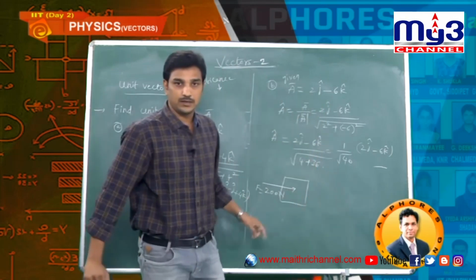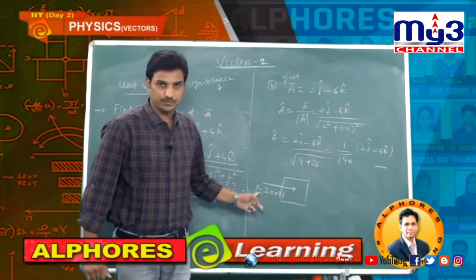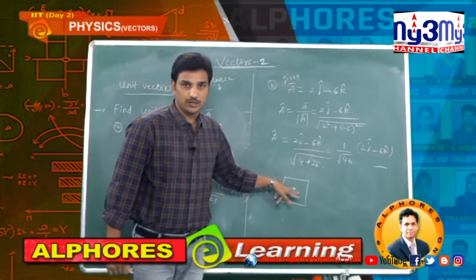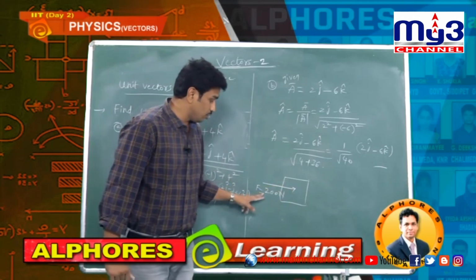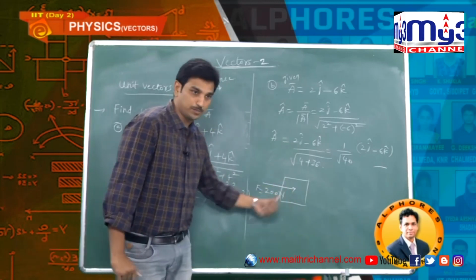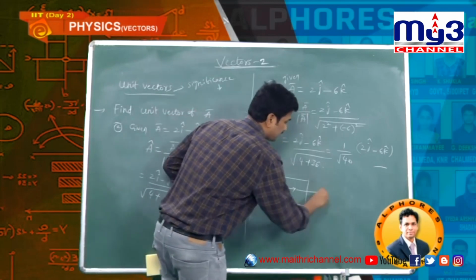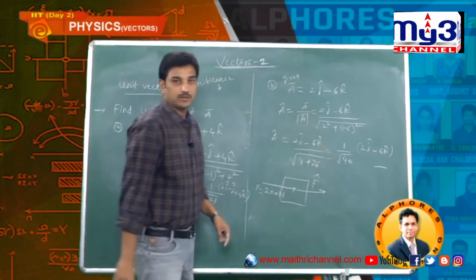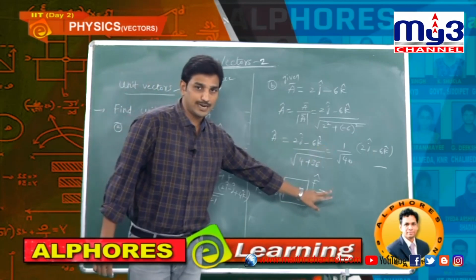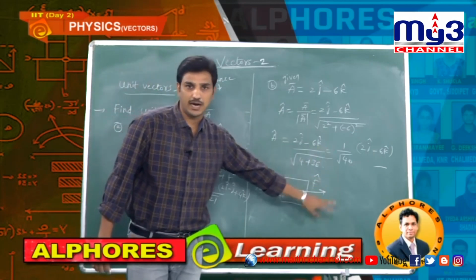Without knowing the direction, I cannot understand how this body is moving. So even though I know the value 200, I should know the direction of force. The unit vector F cap represents the direction of force. Force direction is indicated by a unit vector.